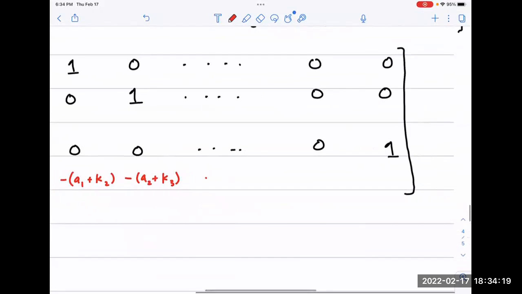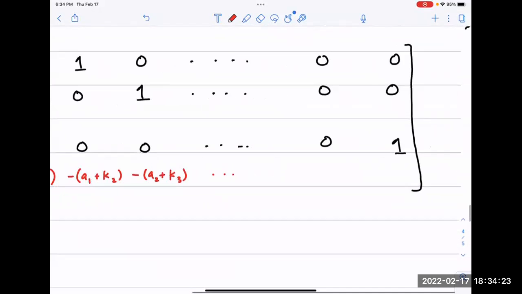All the way where this one will be negative A n minus 1 plus Kn, right? And then this one will be negative A n minus 2 plus Kn minus 1.